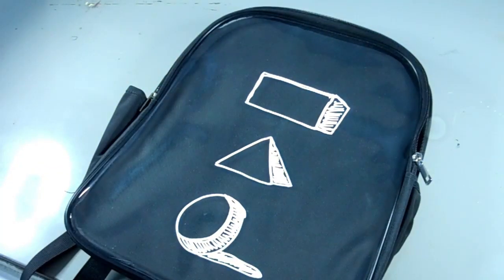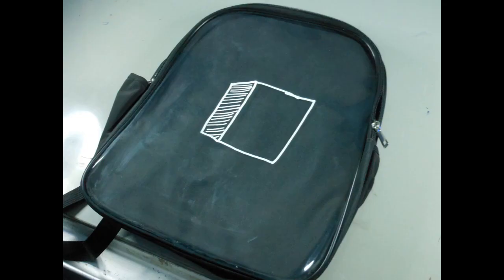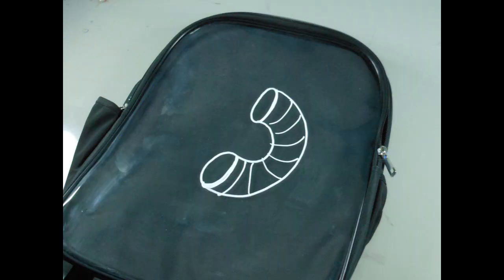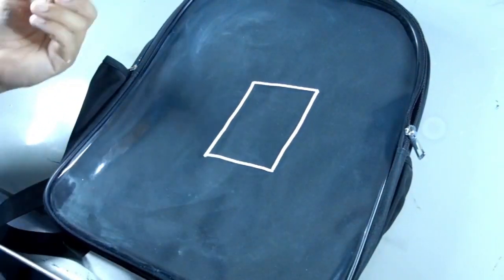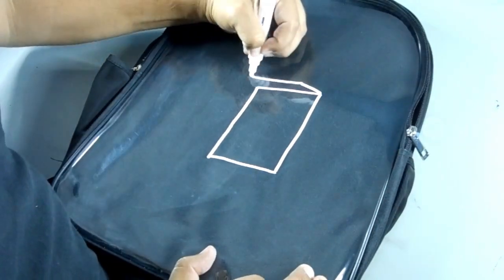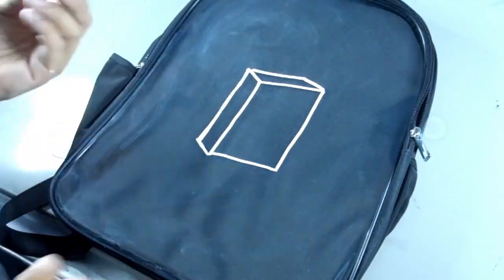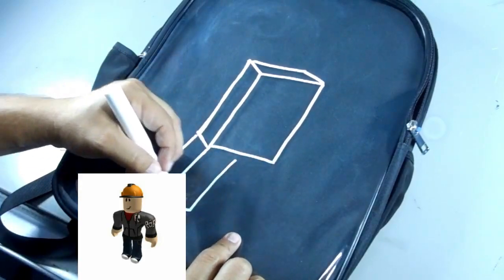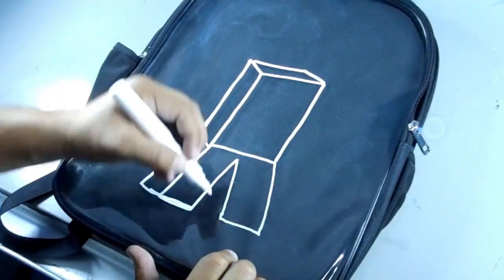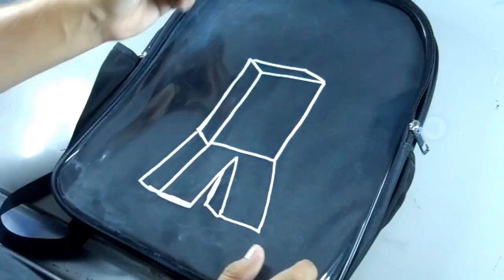Now we're going to use these techniques to construct our Roblox avatar. And a Roblox avatar is made up of cubes, cylinders, and tubes. Now how we're going to start with our avatar is we're going to go ahead and draw a square. And we're going to turn that into a 3D square. Then we're going to draw more lines, make yet another square, and we're making legs at this point. We're going to go ahead and draw the inside of the leg right there.